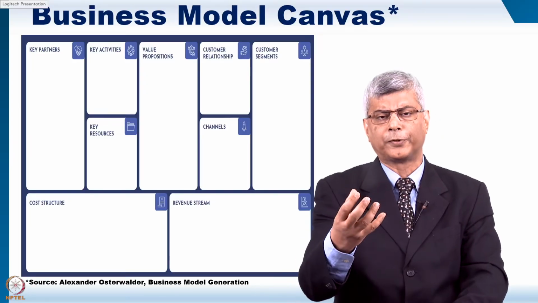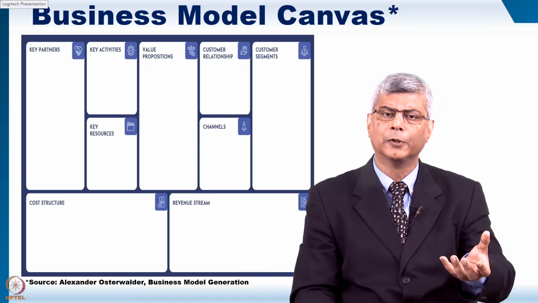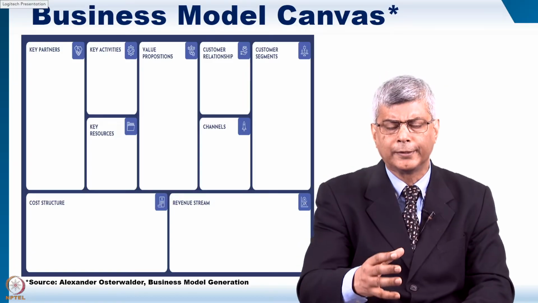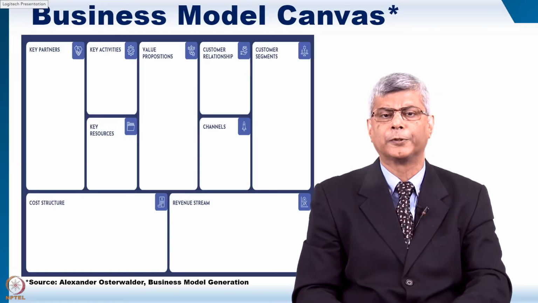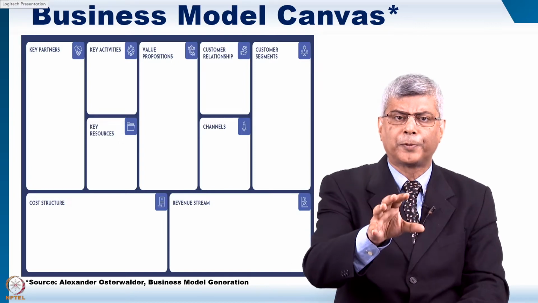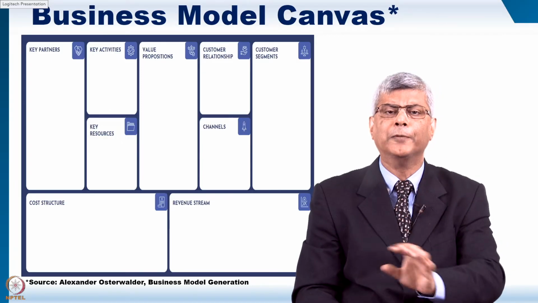So if you're an e-commerce firm, what is the value proposition? If you're an automotive firm, what's the value proposition? If you are a software or artificial intelligence firm, what's your value proposition? How is your value proposition unique? How is your value proposition different from anybody else?